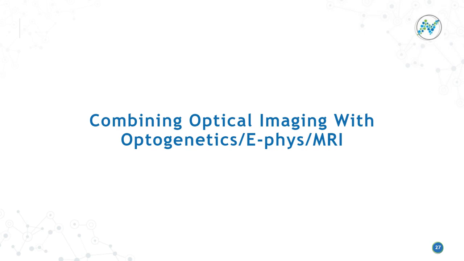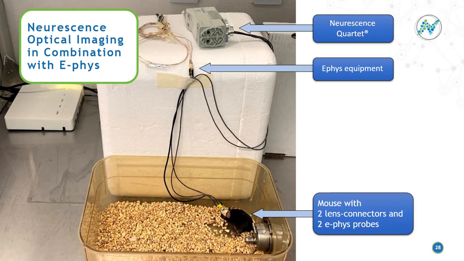Another question is, can you combine optical imaging with other modalities like optogenetics, EPhys, MRI? Yes, it is possible because the quartet is small. The lens connectors are pretty small, and here is a combination with EPhys, where you can similarly use it with optogenetics. On the left-hand side is the EPhys equipment, and on the right-hand side is the fluorescence quartet.